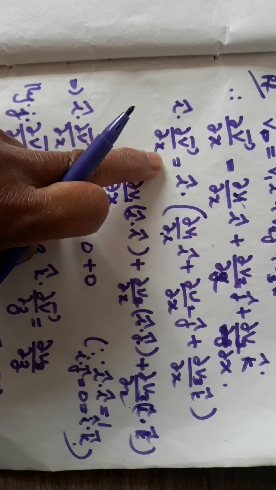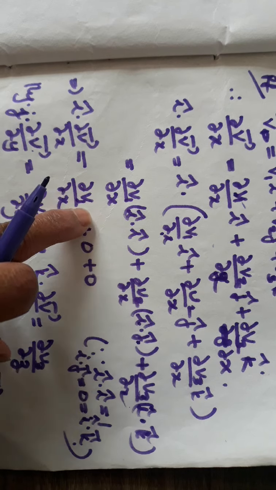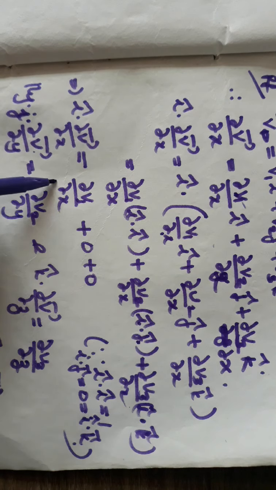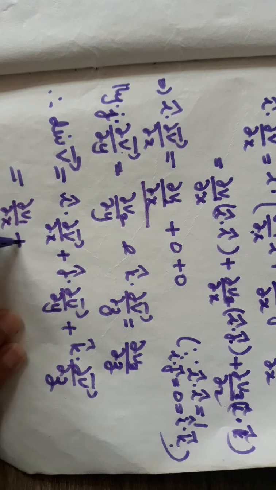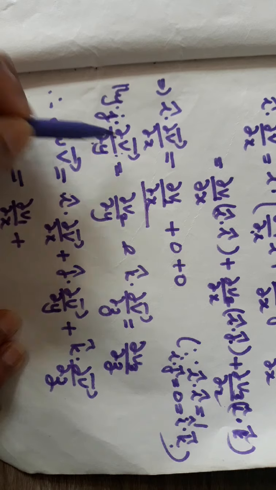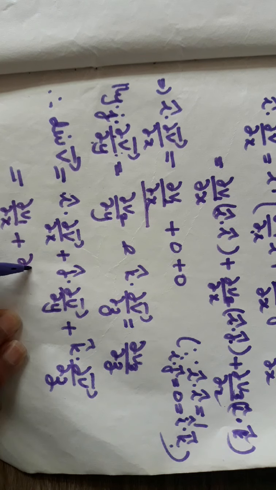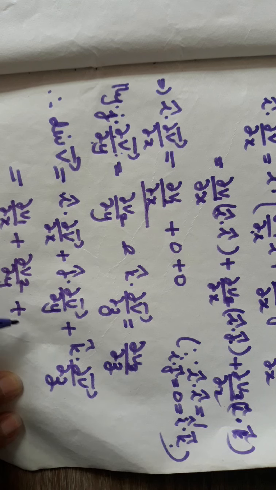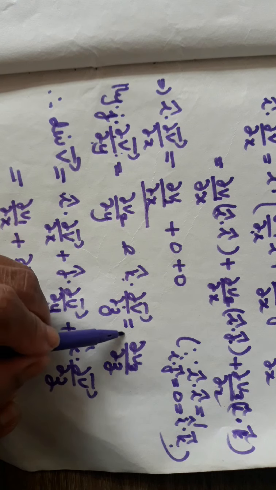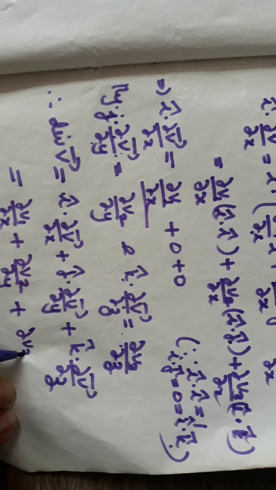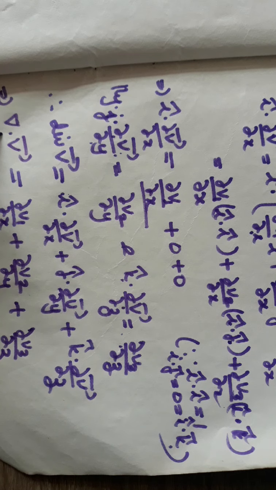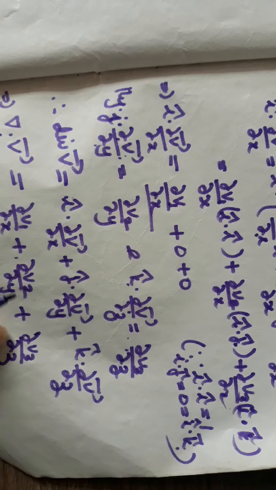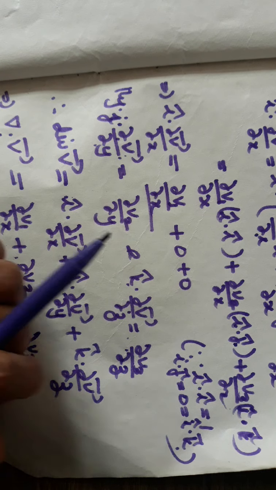It is equal to del v1/del x. So I'll replace it by del v1/del x plus, what is j dot del v bar/del y? It is equal to del v2/del y, plus k dot del v bar/del z is equal to del v3/del z. So this implies that del dot v bar, that is the divergence of this vector function, is nothing but del v1/del x plus del v2/del y plus del v3/del z.